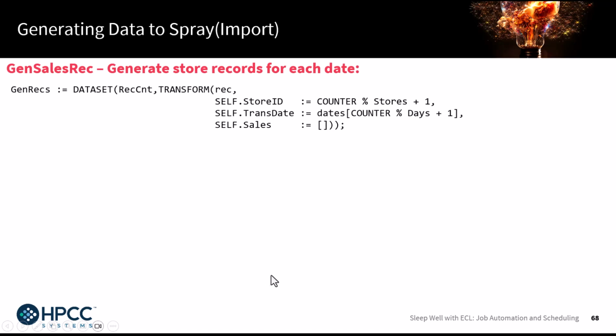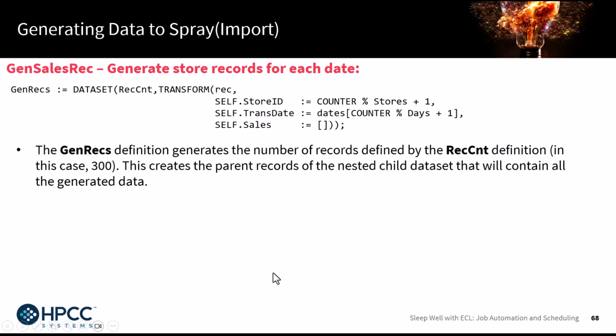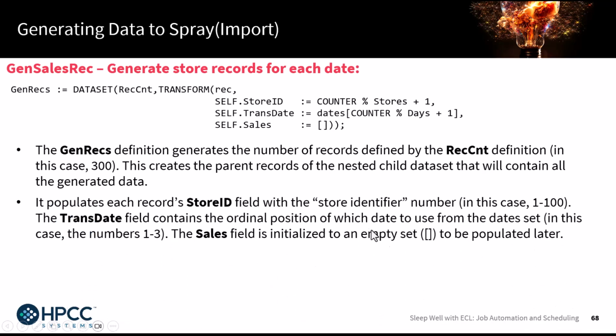All right, generating store records for each date then. We have a genrex definition, once again calling the data set, using the record count as the number of records to generate. And we generate records based on the record count definition, in our case 300, creating parent records of the nested child data set that will contain all of the generated data.